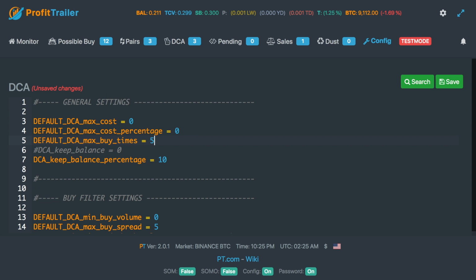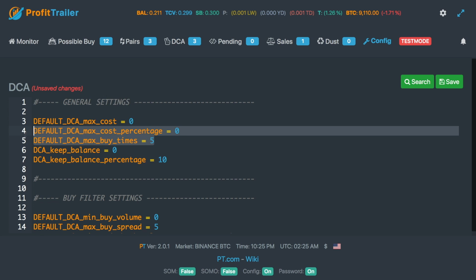So let's take a look here at your log. There really isn't anything here that can influence your log itself except for the max buy times.